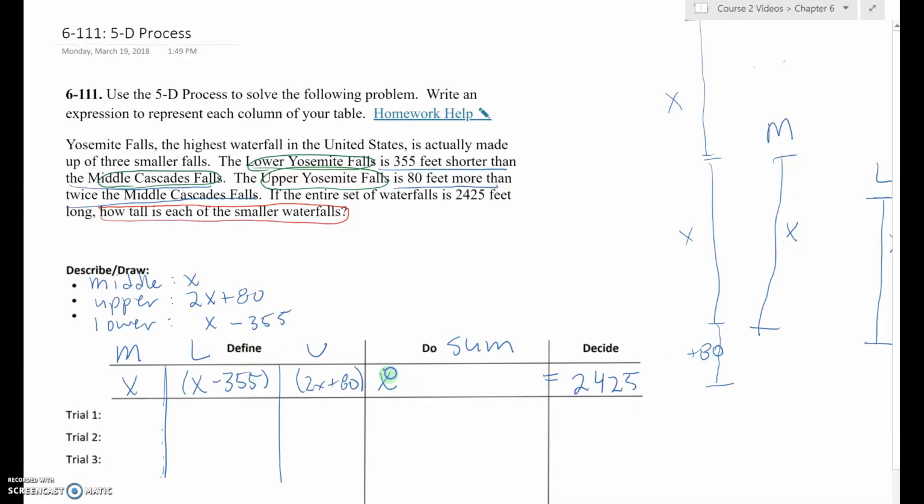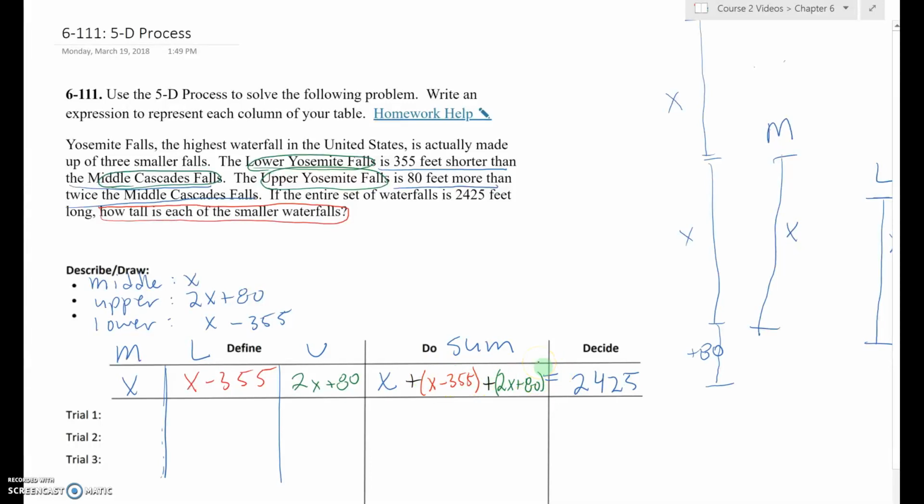The middle can still be X, the lower falls in red is X minus 355, and the upper falls is 2X plus 80. If we take all 3 of those and add them together, we're asking will this come out to 2,425? At this point, we could just go ahead and solve this equation.